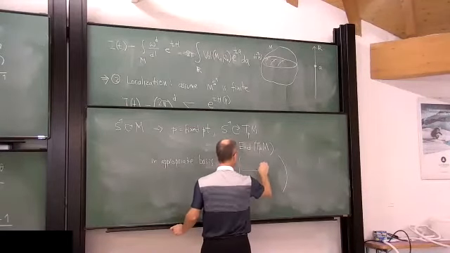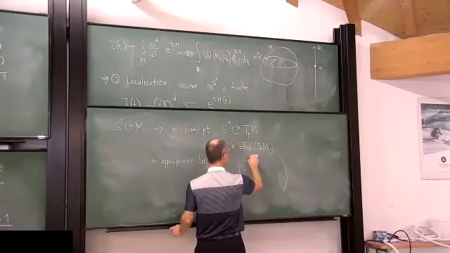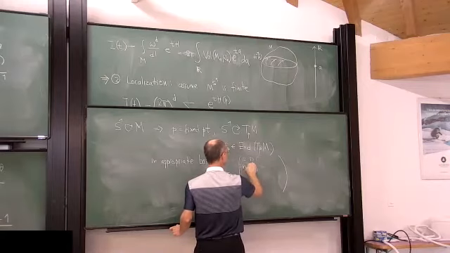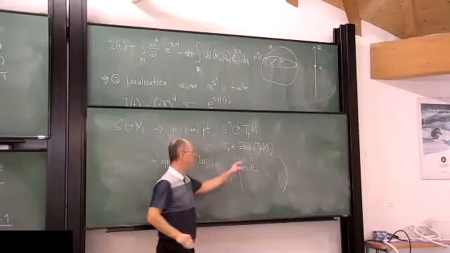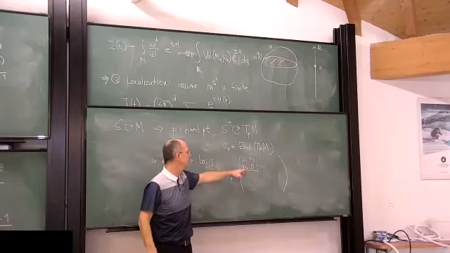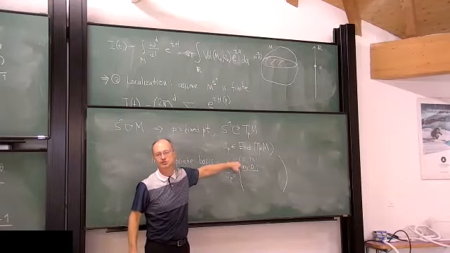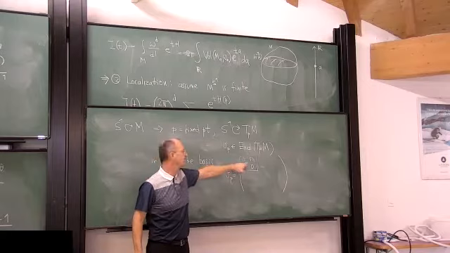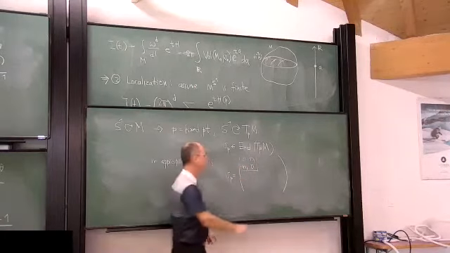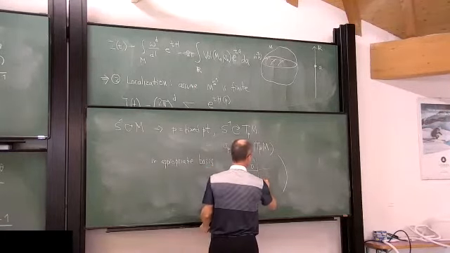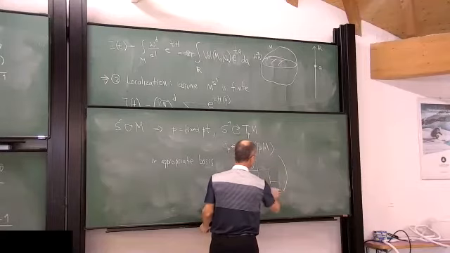It will have 2 by 2 blocks of that form. They're skew symmetric, and the entries are integers, which are non-zero. They can be positive or negative, but you can always choose a basis which will be like this. So it will be 2 by 2 blocks.